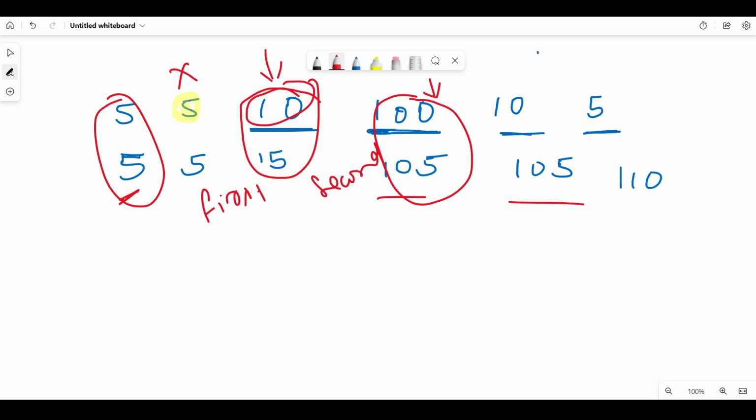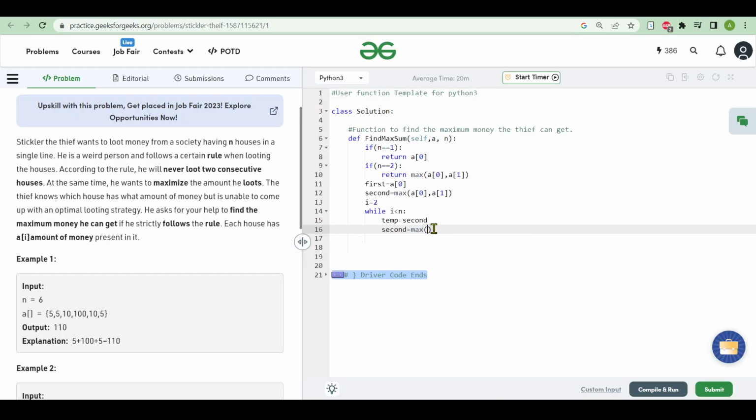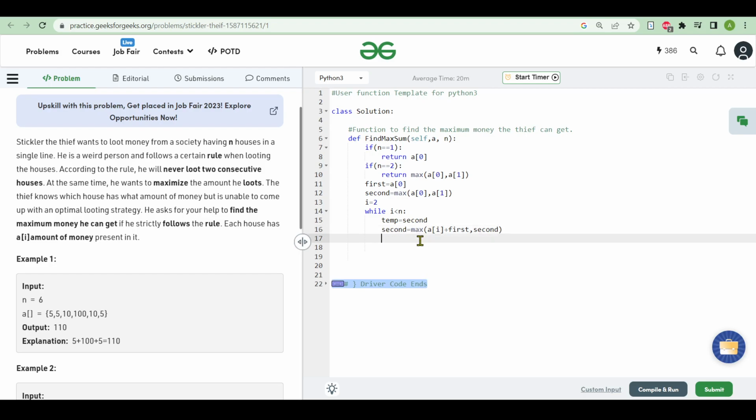And for doing this, I will use its value, that is A[i], and the value of first, and I will compare it with second, and whichever is the maximum will again go into second, and the value that I have stored in temp, I will insert in first. First will be temp.